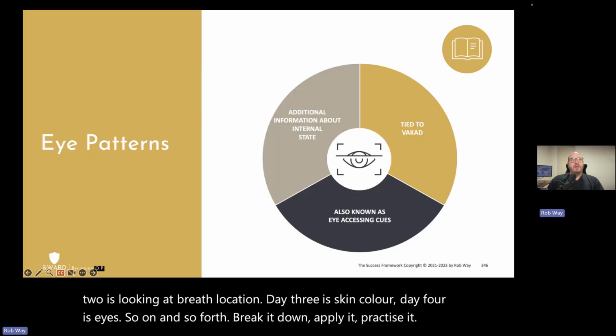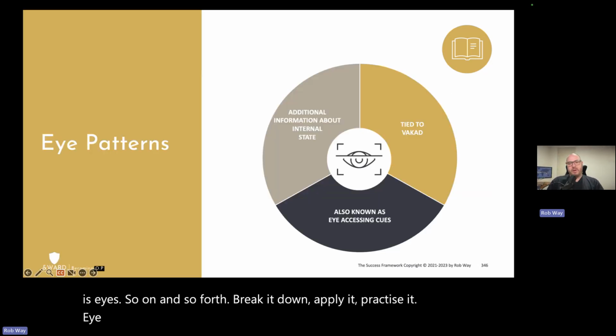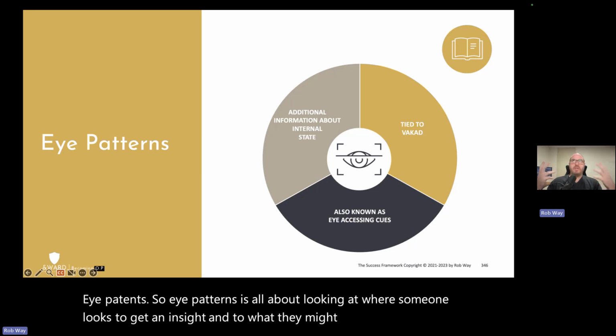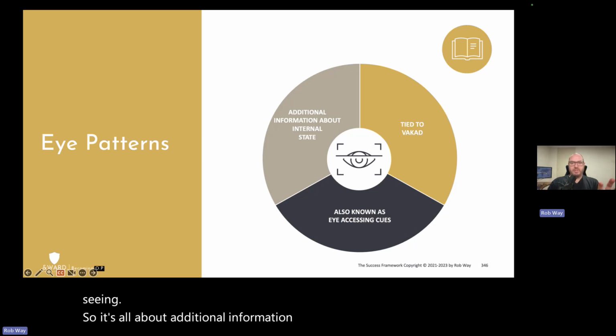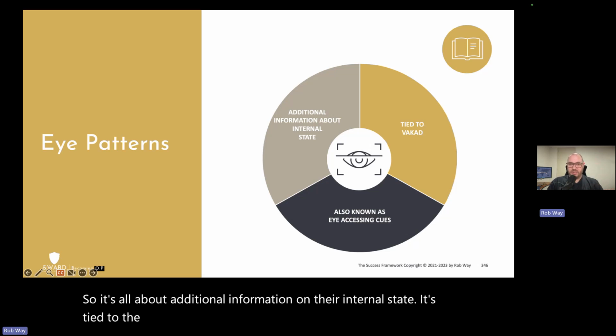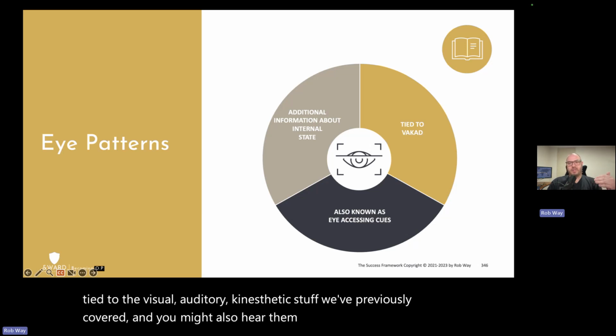Next, eye patterns. So eye patterns is all about looking at where someone looks to get an insight into what they might be thinking, feeling, seeing. So it's all about additional information on their internal state. It's tied to the visual, auditory, kinesthetic stuff we've previously covered. And you might also hear them called eye accessing cues.